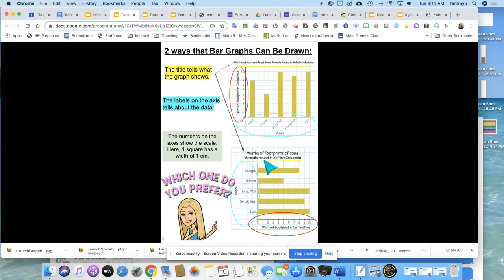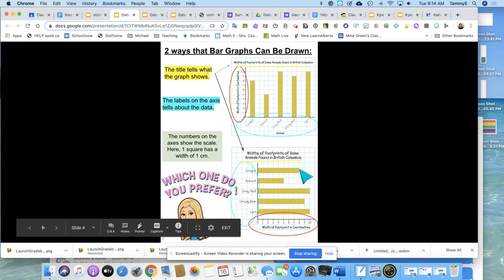And again, on this graph down here, you can still see the same thing. So here's our cougar, and it's got a width of 8 centimeters. You would just take your finger and run it along the line to figure out how wide the cougar's footprint is.